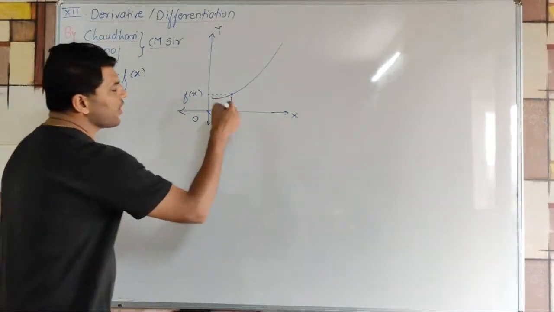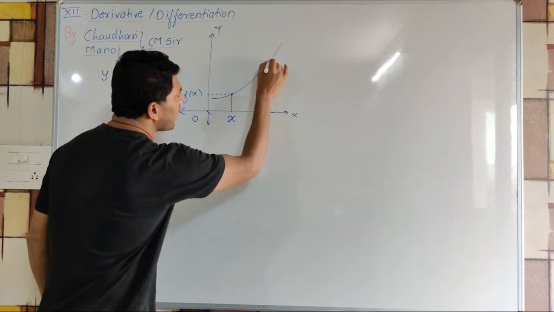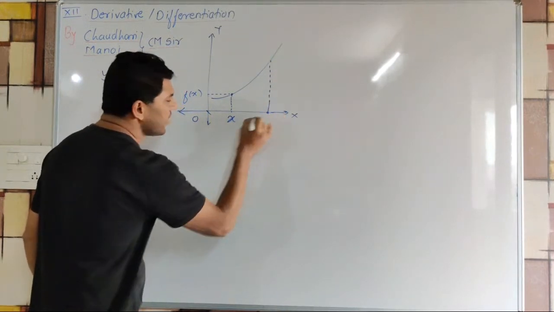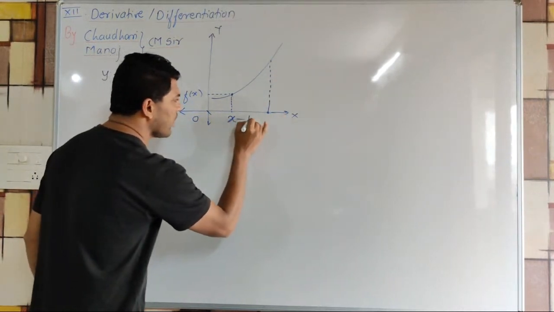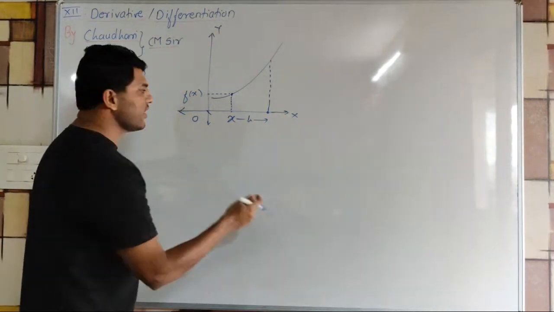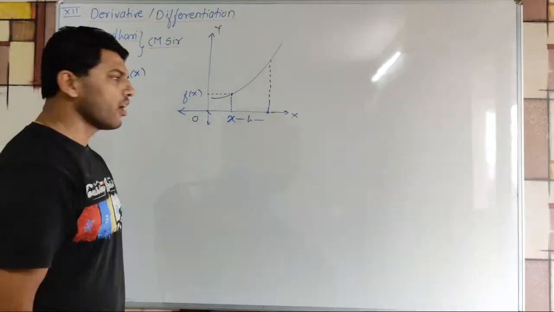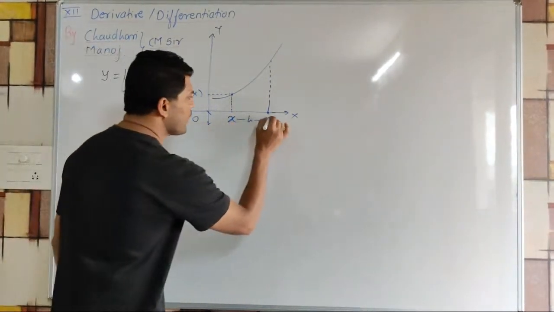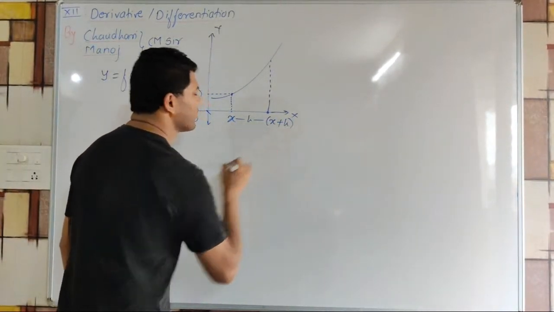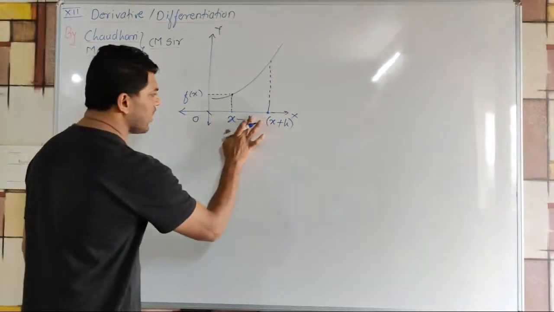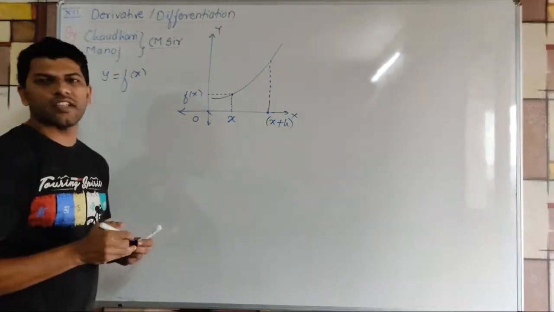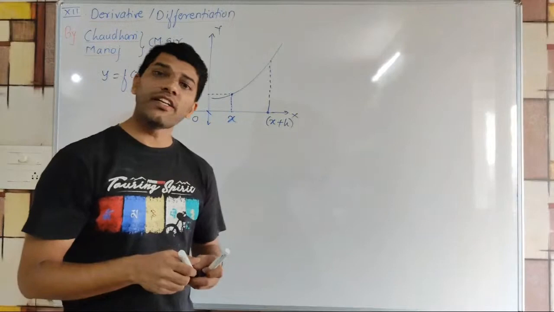Now I am taking another value of x. Let's say this value of x lies somewhere with plus h distance. I am adding a certain h distance or h value to this particular x. So obviously the next coordinate becomes x plus h. Try to understand what exactly this h is. We call this h the interval difference.